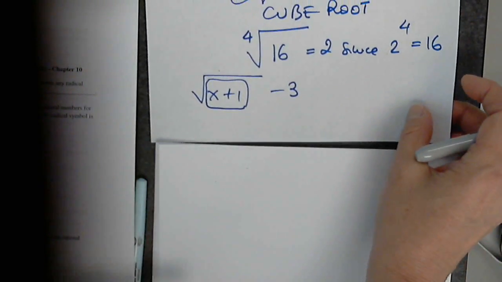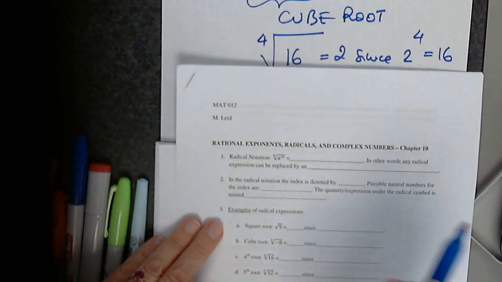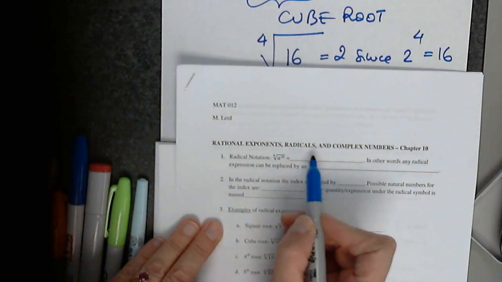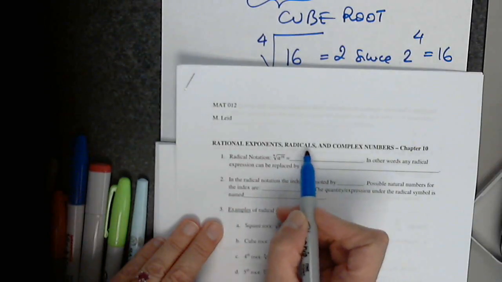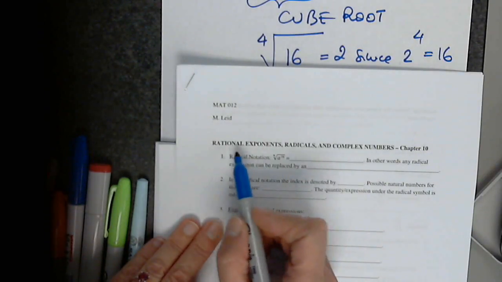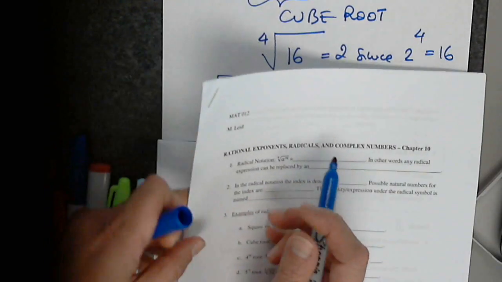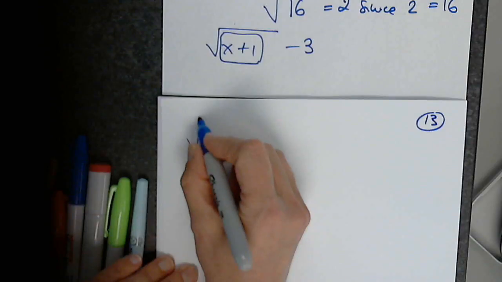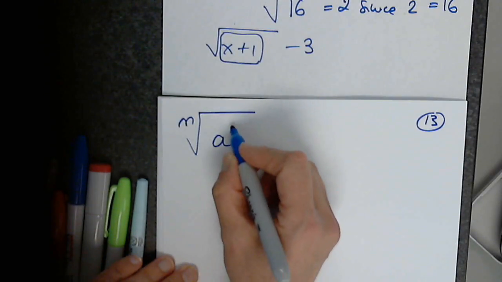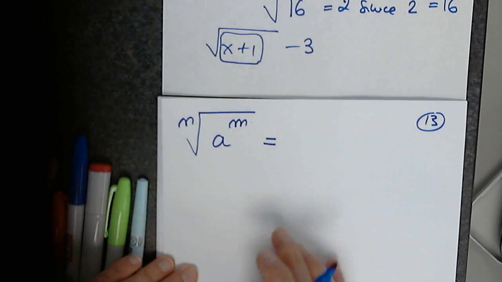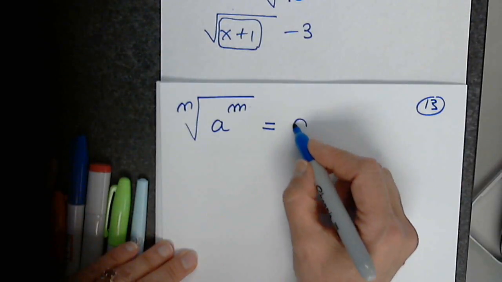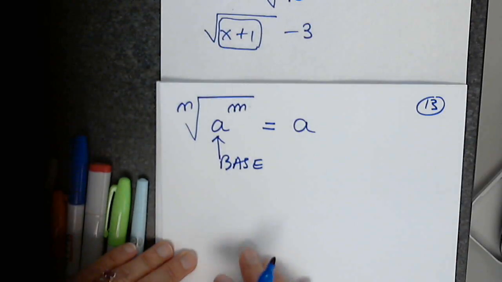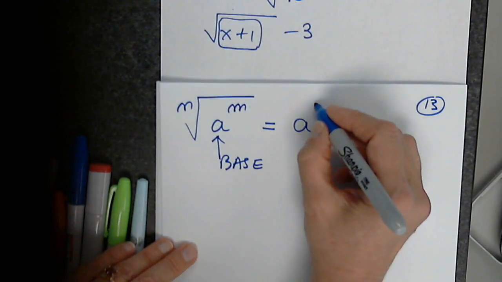Okay, so I mentioned here that an expression with a rational exponent is a radical. And a radical is an expression with a rational exponent. How can I express that? Here's how we express it. The nth root of a to the mth power equals the base, of course, this is the base of the exponential notation, raised to a fraction.